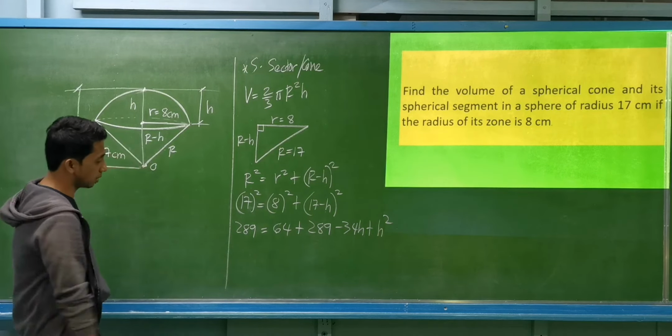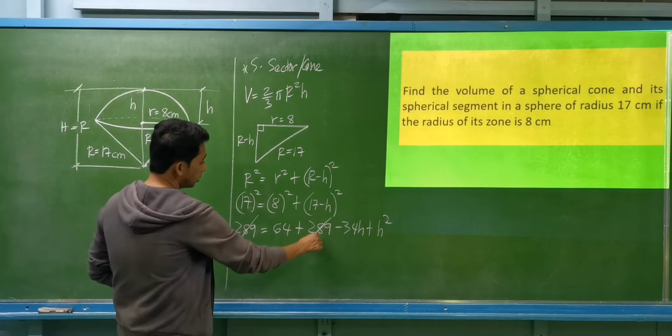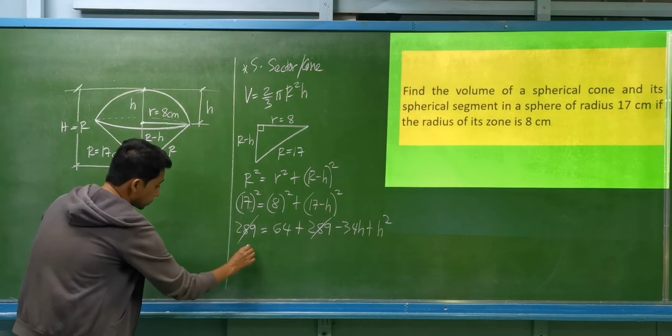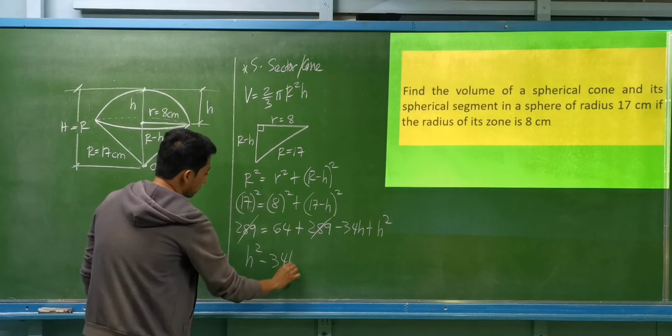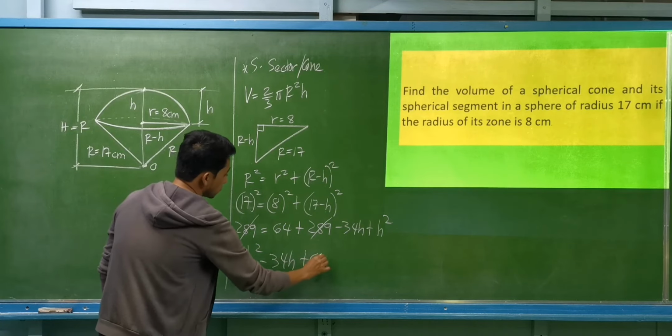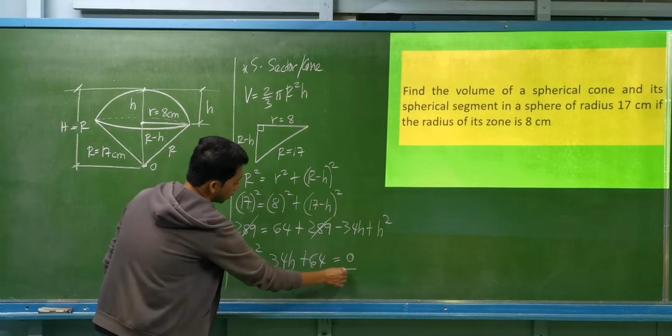Therefore, we can remove 289 and we have a quadratic equation. This is the same as h squared minus 34h plus 64 equal to 0.